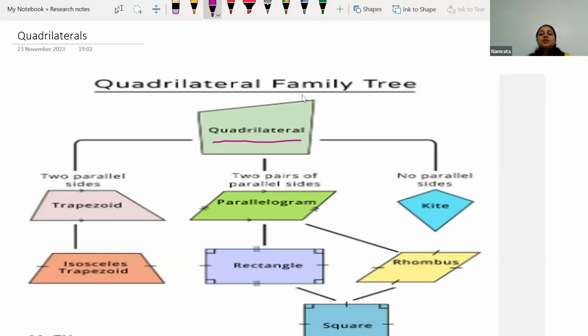So each and every family member, that is trapezium, parallelogram, kite, isosceles trapezoid, rectangle, rhombus, and square, will take the qualities of the quadrilateral. Whatever formula, whatever property, whatever rule is applicable for the quadrilateral will surely be applicable for each and every member of this family tree.